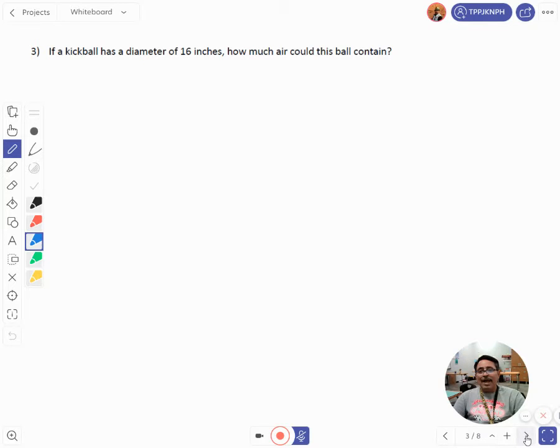If a kickball has a diameter of 16 inches... every time I'm reminding you, if diameter is given, first and foremost thing is find the radius. So half of 16 gives you 8 inches. Radius is 8 inches. How much air could this ball contain? Ball means again it is the shape of a sphere, right?